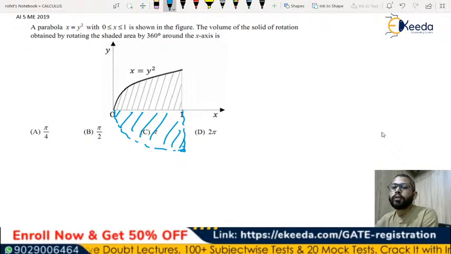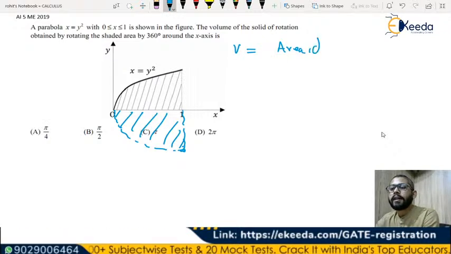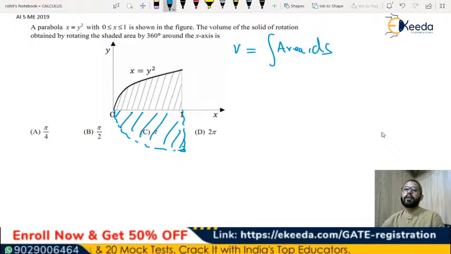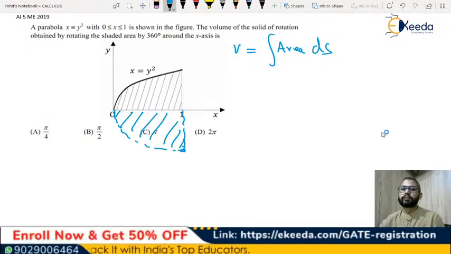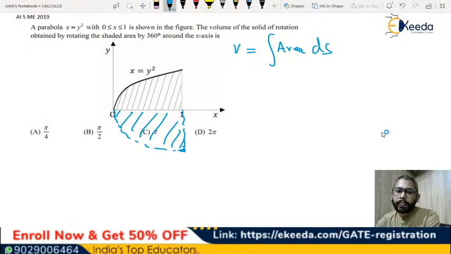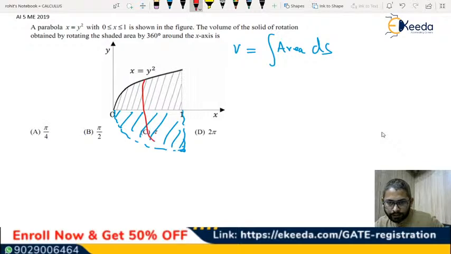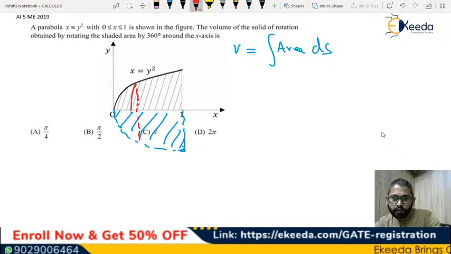And how to find the volume? The volume is the integral of area times ds. What is ds? ds is the length. What area am I talking about? I am talking about this area, like this circular segment. Let's draw a smaller one.